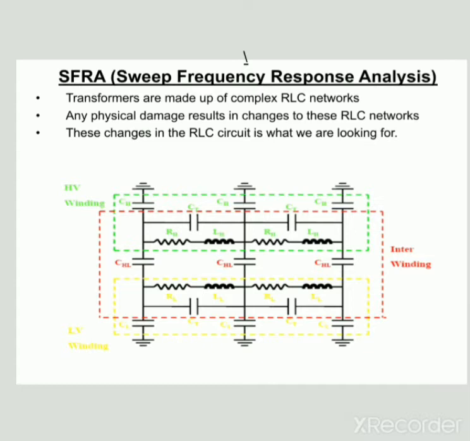Without all these parameters, no circuit can be completed. Resistance, inductance and capacitance are connected in a three-phase system according to their space. Whenever we see the circuit diagram shown in the figure above, the transformer is made up of a complex RLC network.